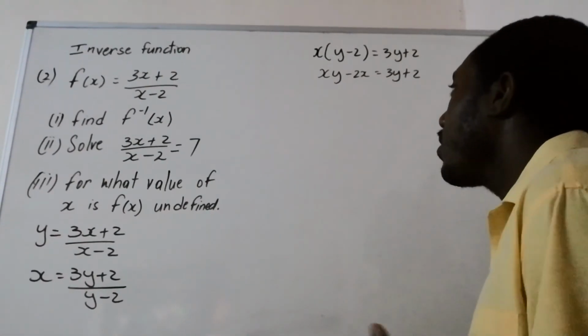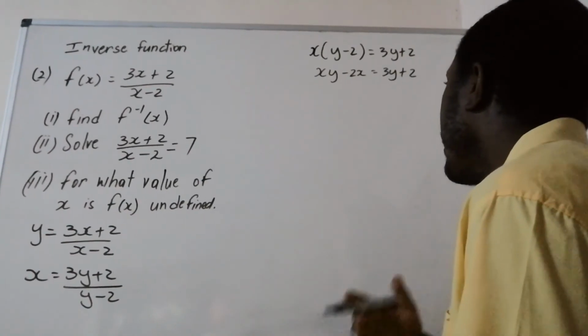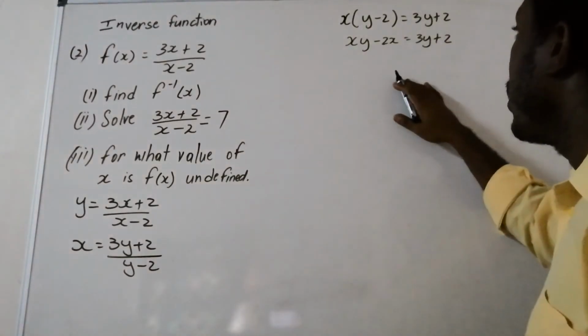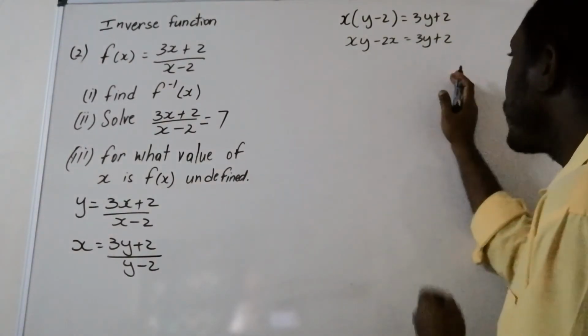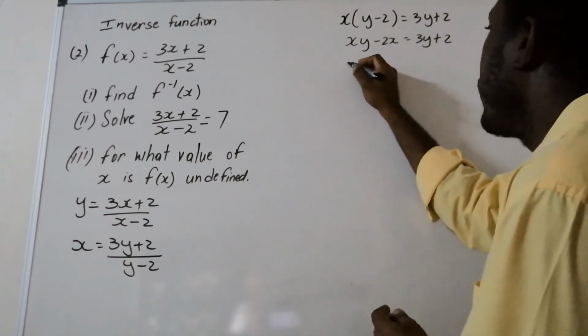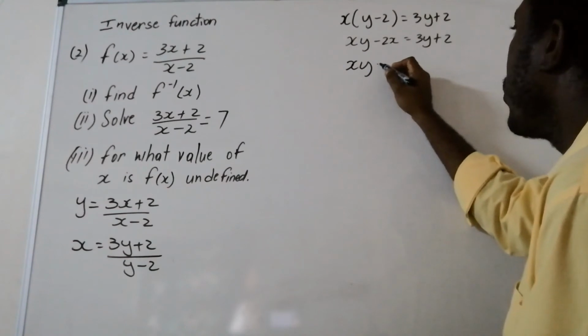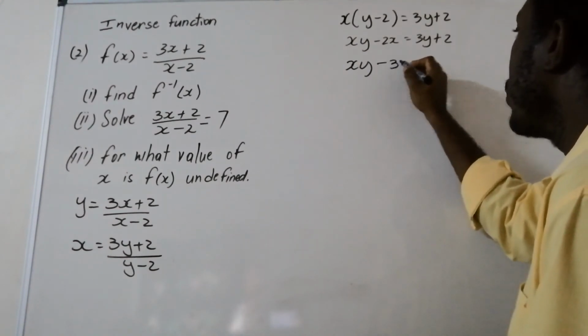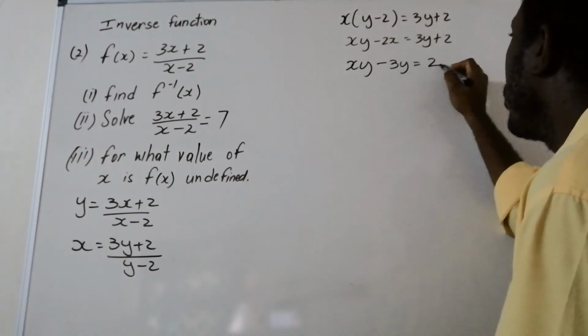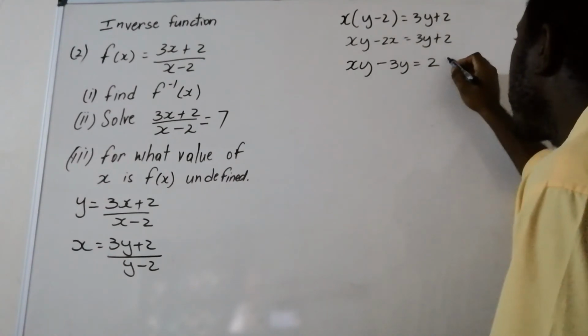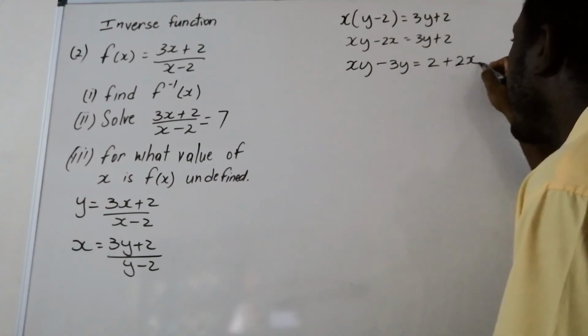Now, we take all the y's to one side. We will now have xy, we bring the 3y over, that gives us minus 3y is equal to 2. Bringing our 2x over, that will give us plus 2x.